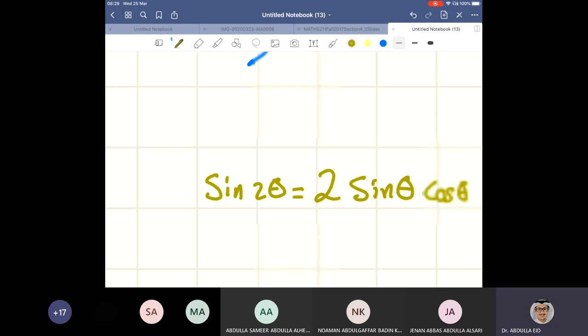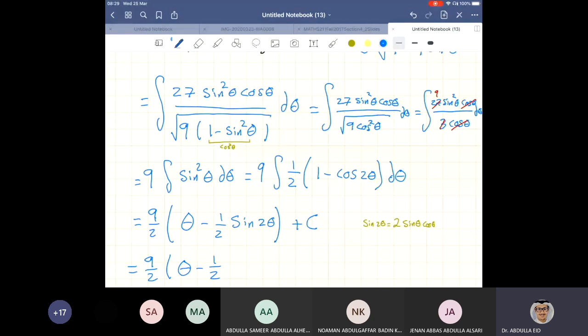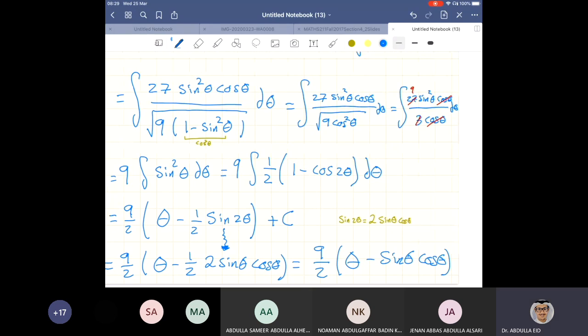You will see why I need this in a minute, but bear with me now. So the final answer would be 9/2 theta minus sine theta cosine theta plus c.